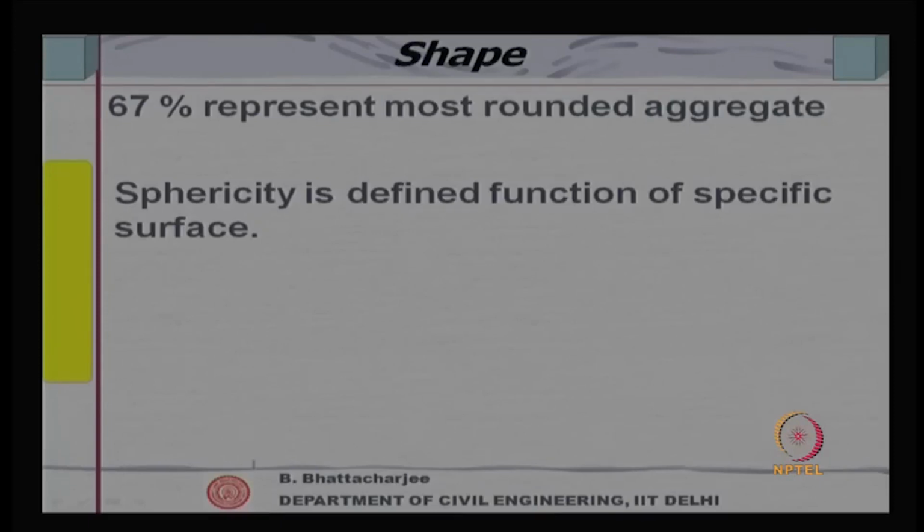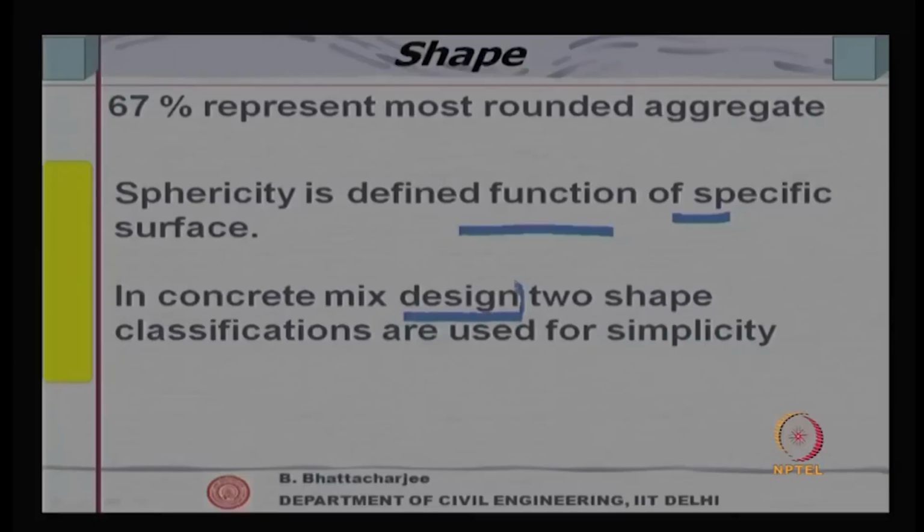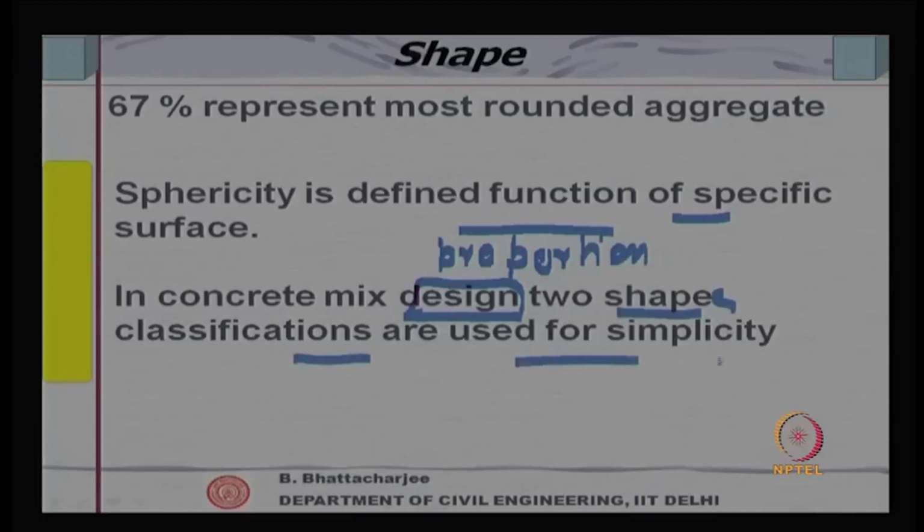Sphericity is defined as a function of specific surface. Let us see how it is defined. I will come to this definition a little later, but for practical usage in concrete mix proportioning, two shape classifications are used for simplicity.